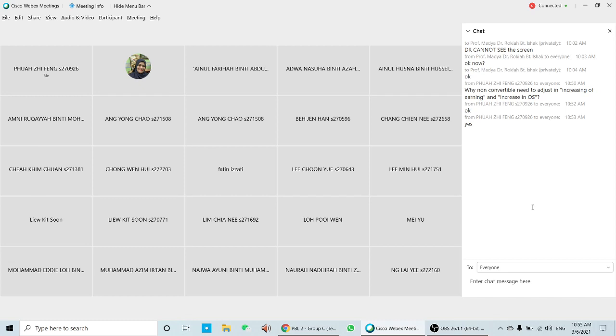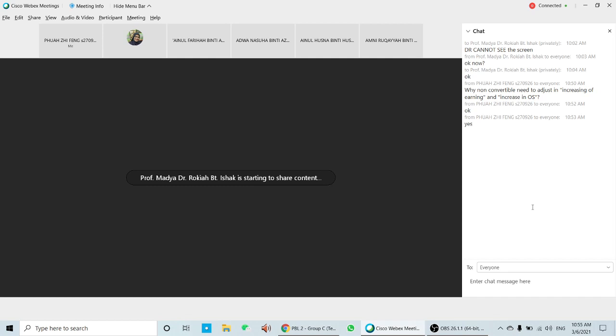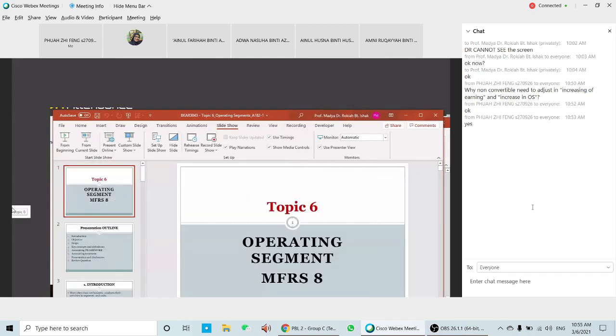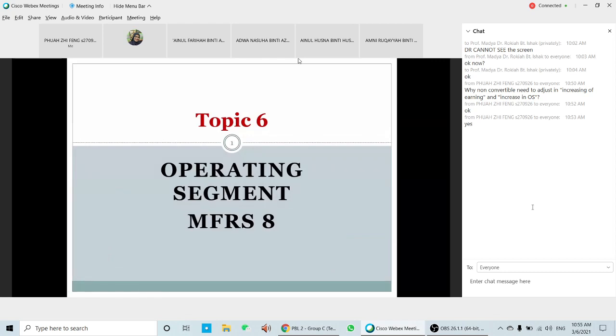Notes for operating segment. So you have the notes with you now, the notes on operating segment.